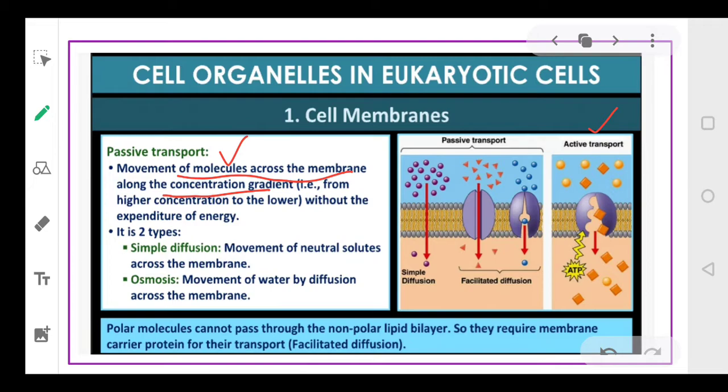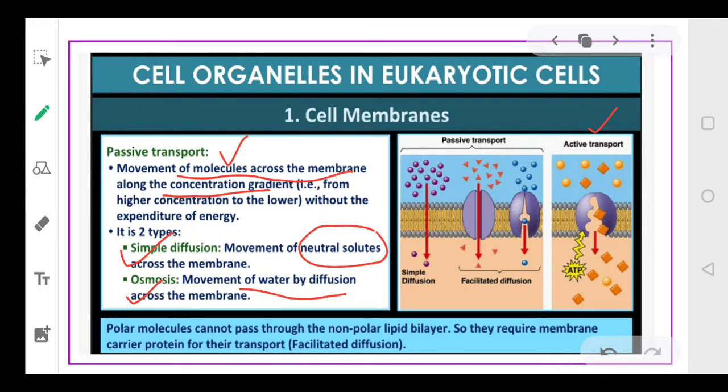And this will be along the concentration gradient, that is from higher to lower. This passive transport can be categorized further into two types: simple diffusion and osmosis. Simple diffusion is a movement of neutral solutes across the membrane, while osmosis is a movement of water. It is a diffusion of water across the membrane.